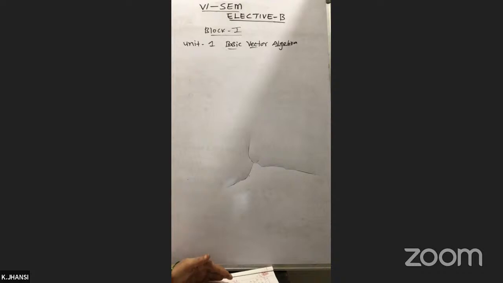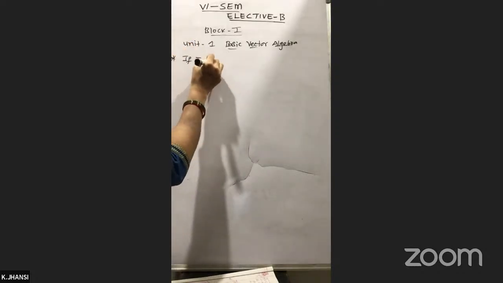So if you get AB is equal to some scalar into BC or some scalar into AC, then we call these 3 points collinear. The collinear definition is nothing but whatever the 3 points are, if they lie on the same line, then we call them collinear points. Okay. So you have these concepts of collinear and coplanar in 3D, in three-dimensional geometry, that is in the 5th semester. Okay.